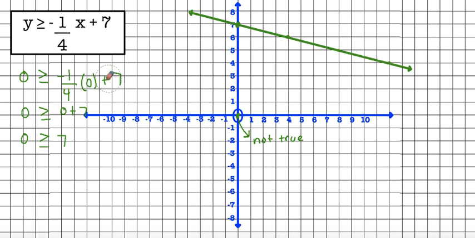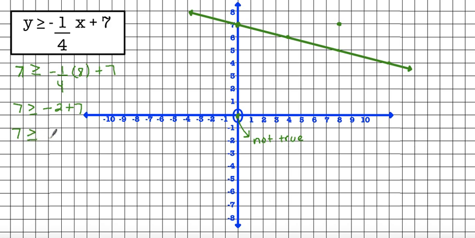But let's use a coordinate just to double check from the other side of the line. So we could pick the coordinate, let's say (8, 7). So in this case, the y value is 7. So 7 is greater than or equal to negative 1/4 times 8 plus 7. So 7 is greater than or equal to negative 1/4 times 8, which is negative 8 over 4, which is negative 2, plus 7.